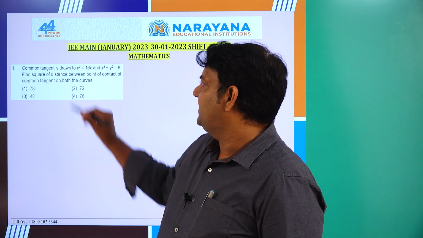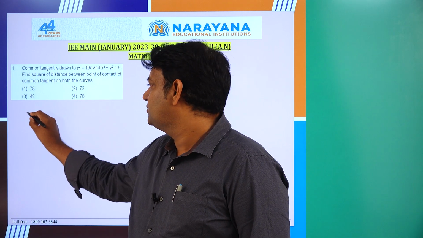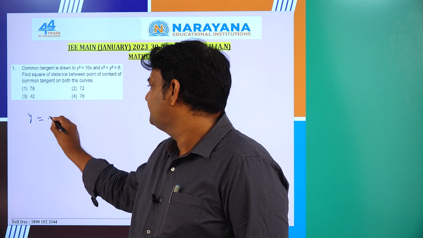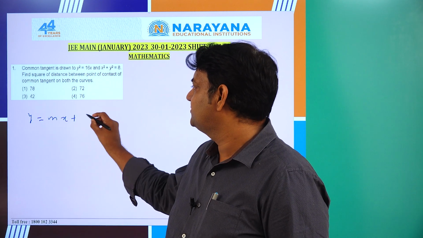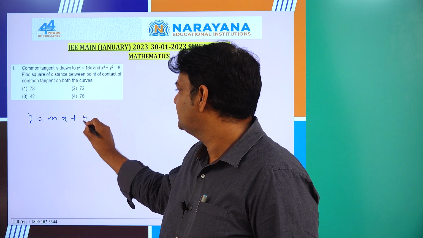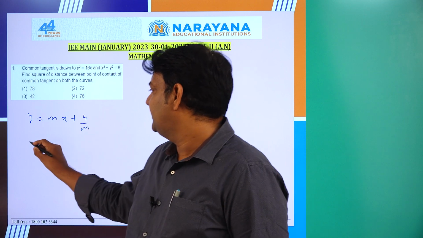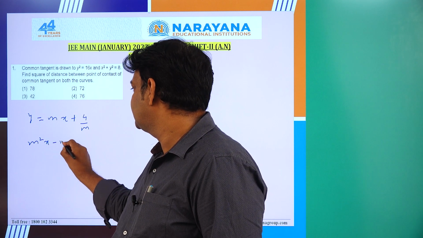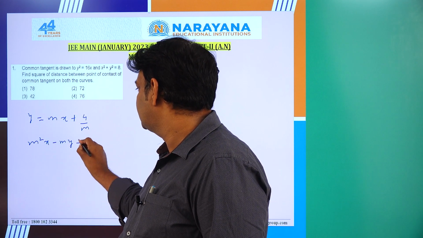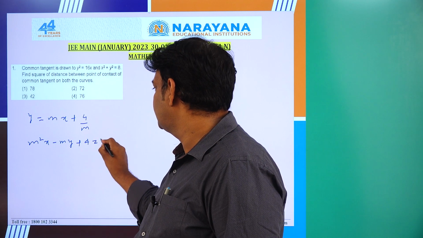Then you know that any tangent to the parabola is y equal to mx plus a by m. Here 4a is 16, so a is 4. So y equal to mx plus 4 by m, that is m square x minus my plus 4 equal to 0.